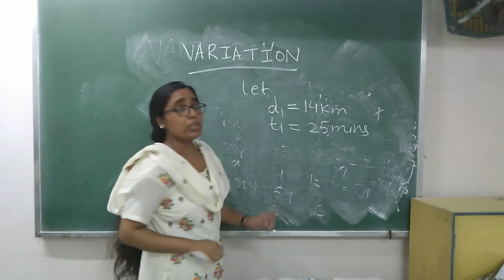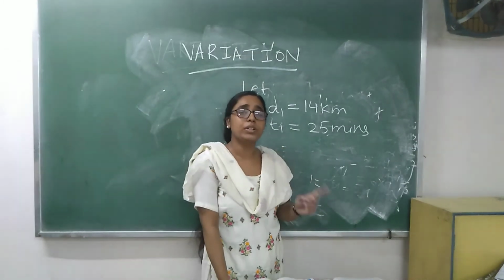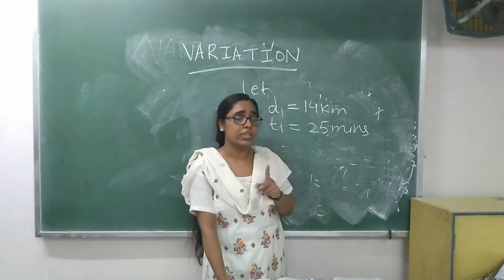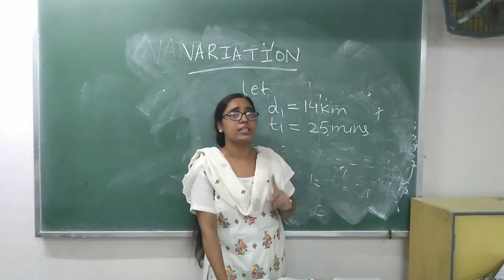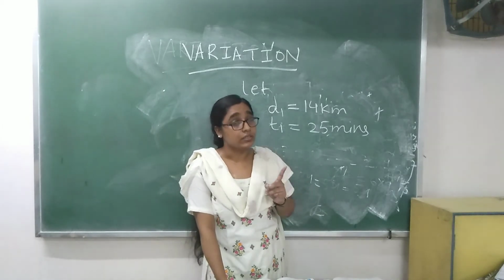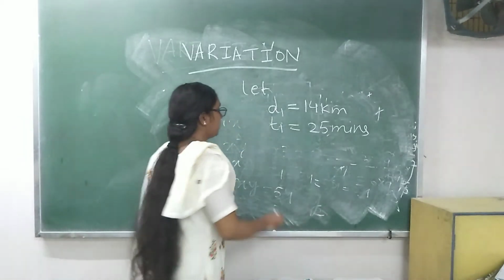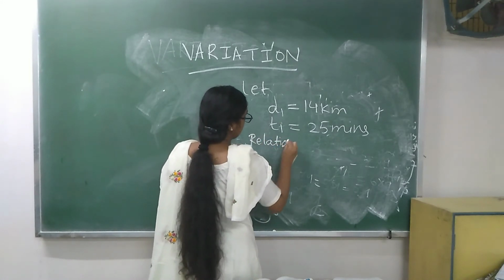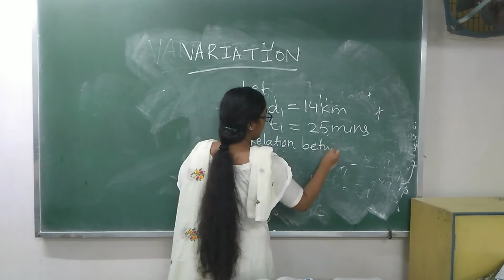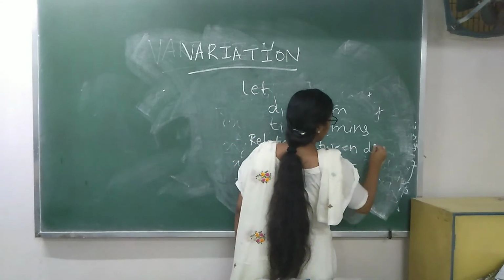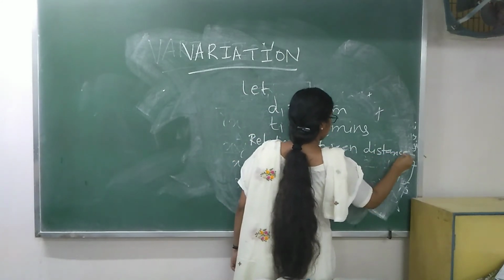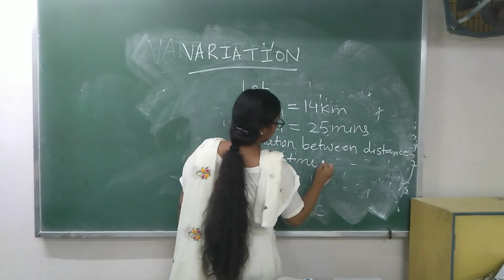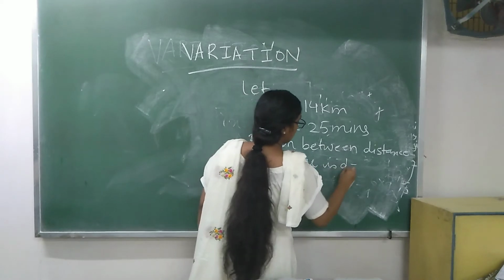Now, first of all you have to understand what is the relationship between distance and time. If distance increases, time will also increase. It means the relationship between distance and time is direct relation. So you will write: relation between distance and time is direct.